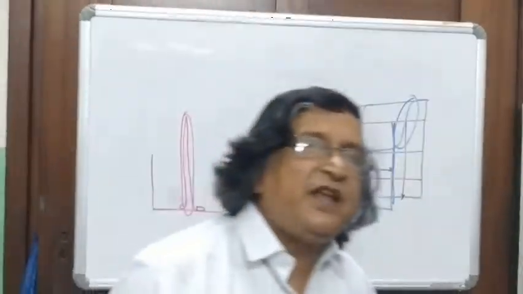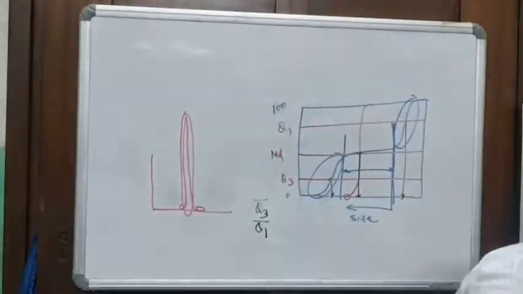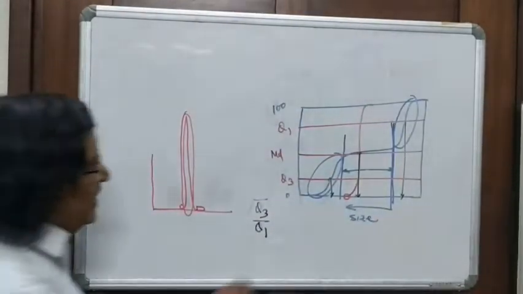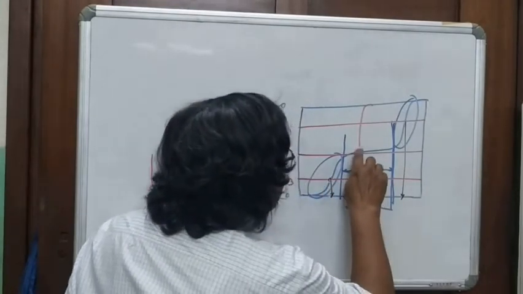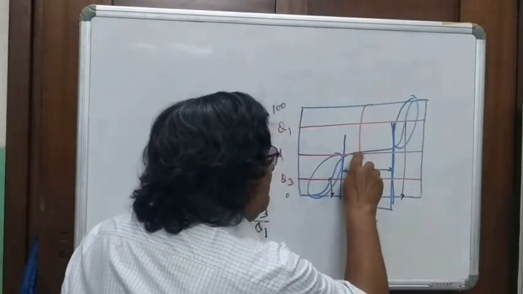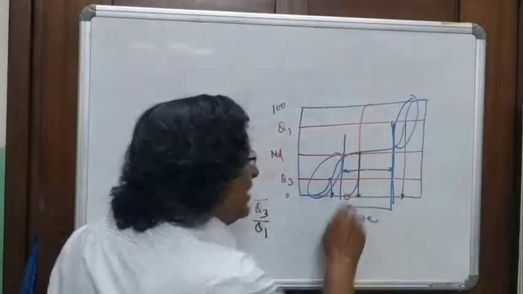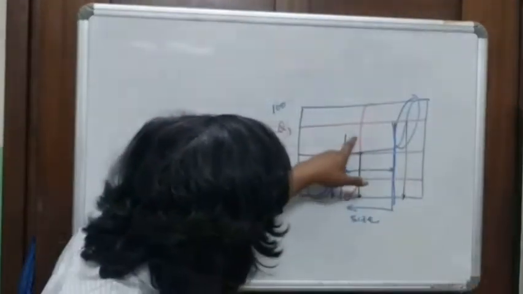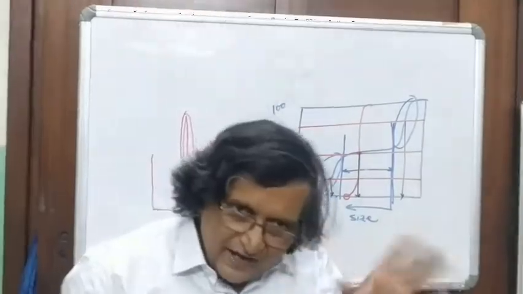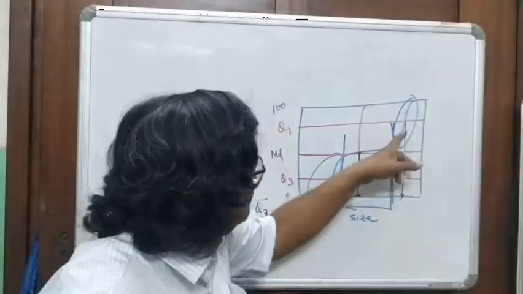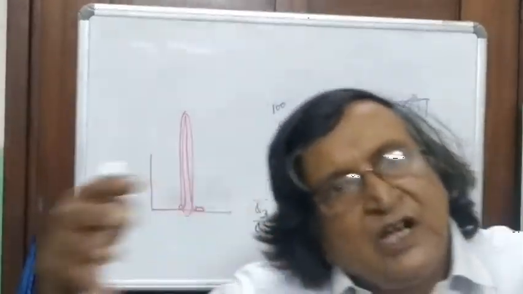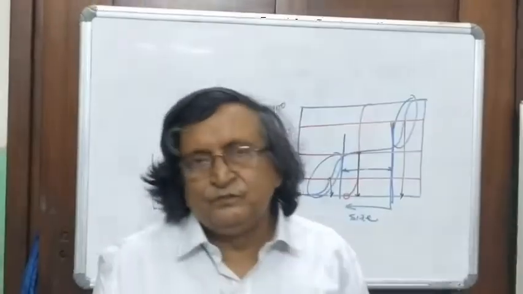It's an extremely poorly sorted sediment, although the median values of the two sediments are the same. But the red one is very well sorted, and the blue one is very poorly sorted, with a bimodal grain size distribution.